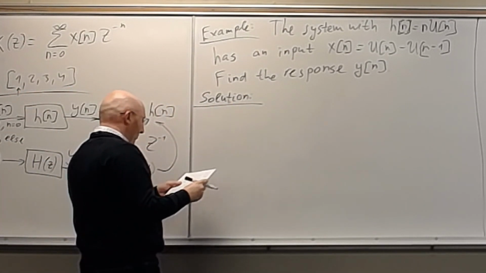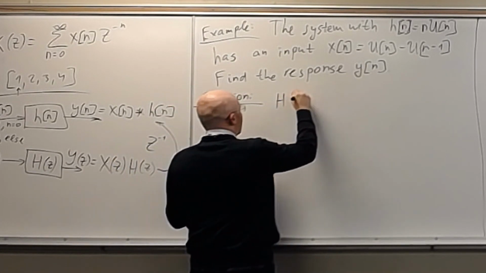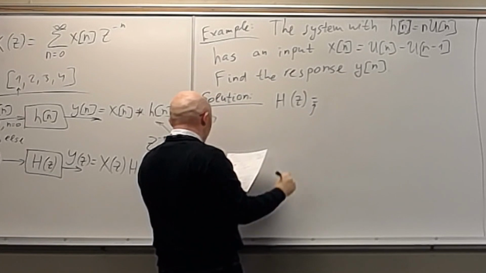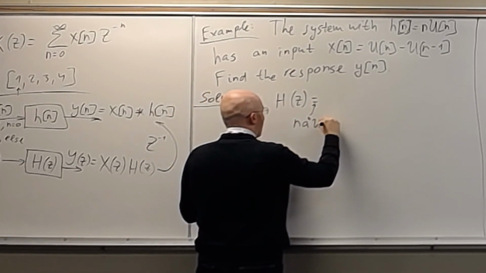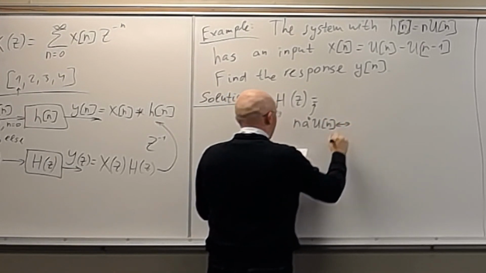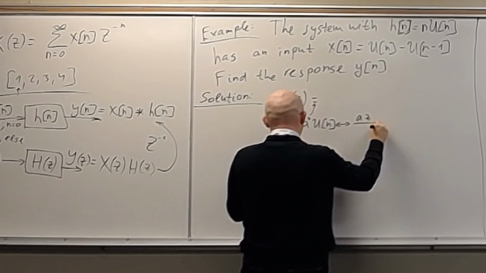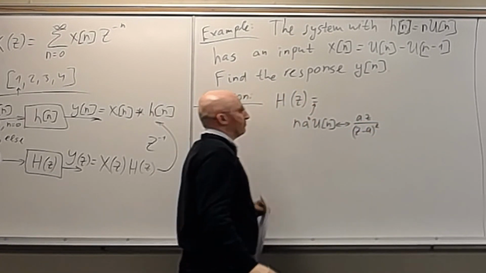So let's transform, and we're just using tables. H of z. Here we're using the rule from the table which says n a to the power of n u of n is transformed into a z over (z minus a) to the power of 2.